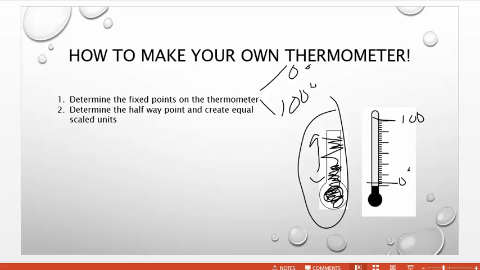So then you have your 1 mark here and your 1 mark there. You take a measurement between these 2 points, and the middle mark is your 50. And you continue to take measurements in between the 2 points, and here it would be 75, and here it would be 25. And you continue to make marks.